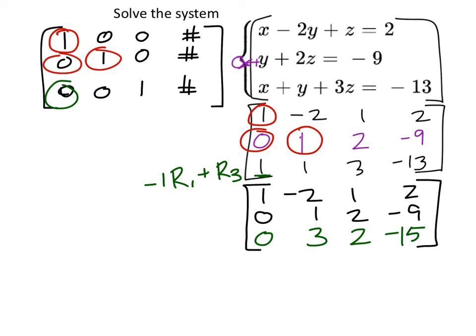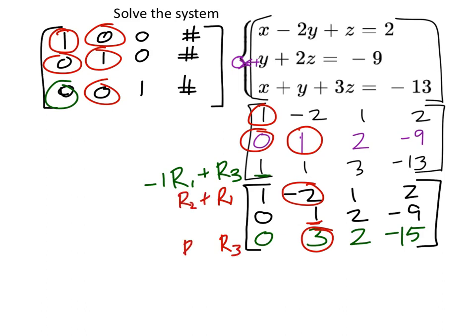Now I'm going to take the 1 in the second row, second column, and use it to manipulate the first and third rows so that I get zeros here and here. Okay, so I want that -2 to be a 0 and the 3 to be a 0 from row 2. So I'm looking at rows 1 and 3 from row 2, and we'll add these.